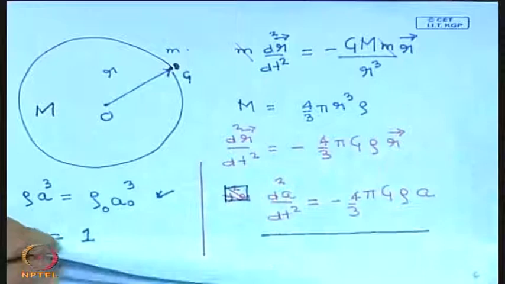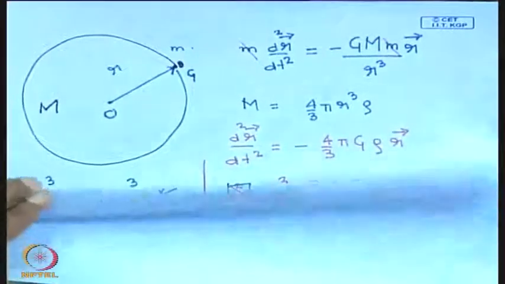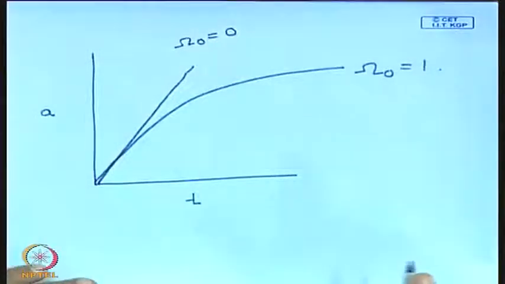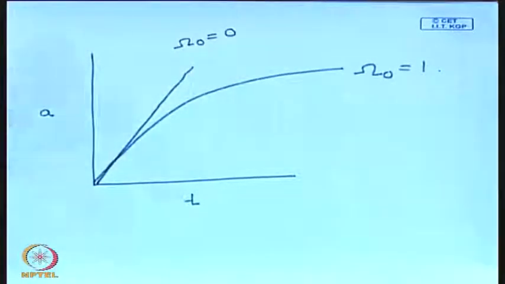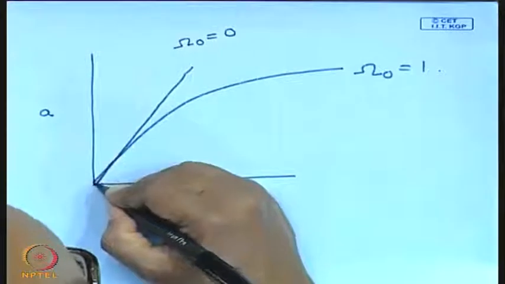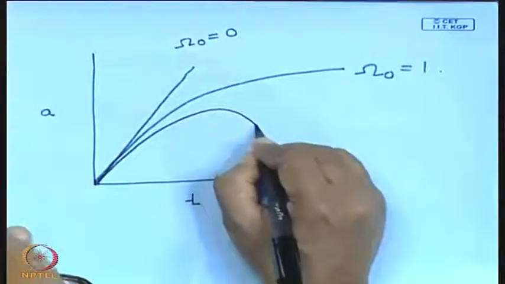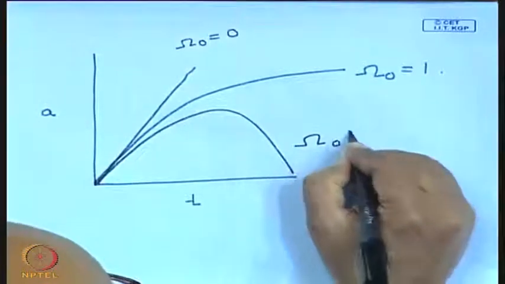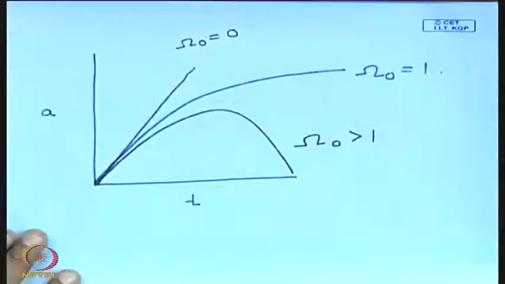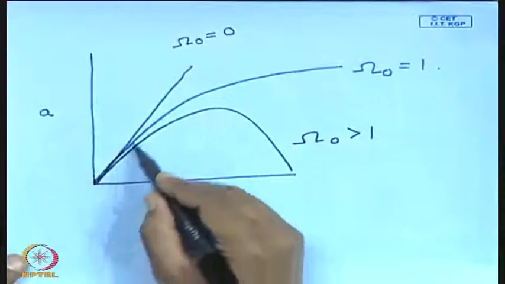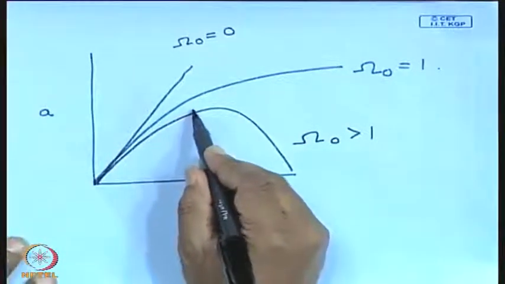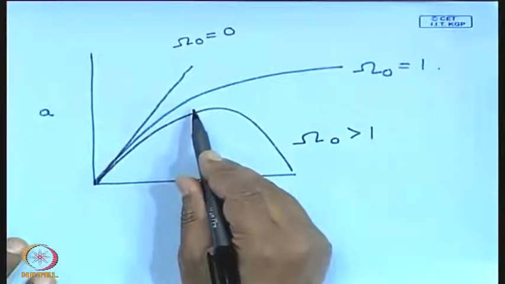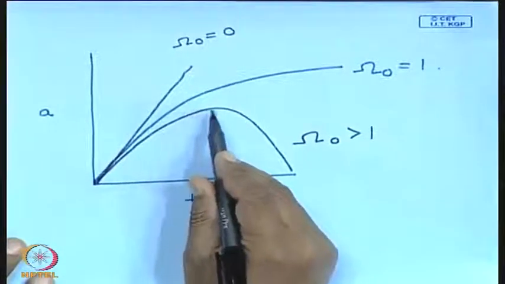So, we know that if E is negative, or if omega naught is greater than 1, the particle will return back after some distance. So, the model will look like this. For omega naught greater than 1, the universe which is expanding will not continue to expand forever, it will reach a maximum value of the scale factor, and then it will collapse back.